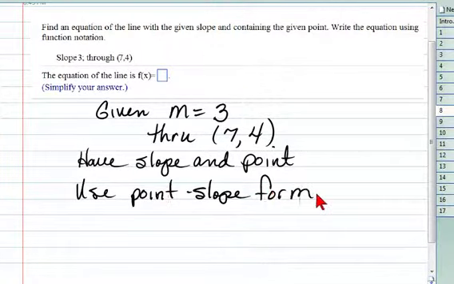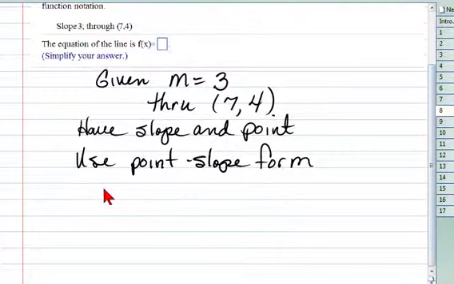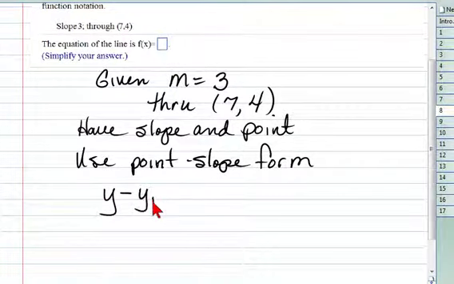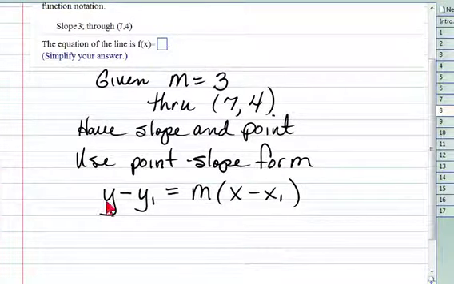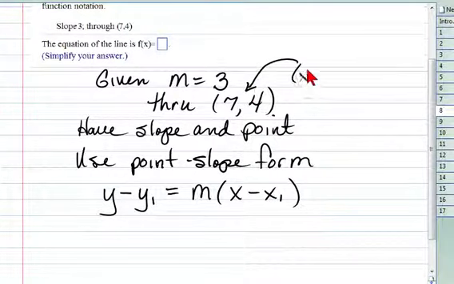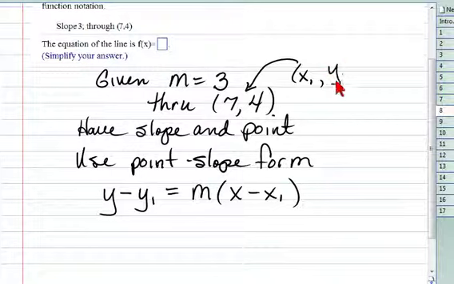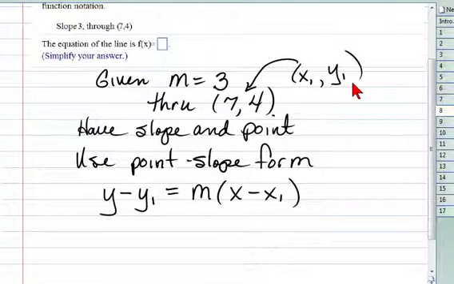Now, we've not used it before, and it is written y minus y with a little subscript 1 is equal to m times x minus x1. There are 2 points listed here. One of them is just a plain old xy, and the other one is an x1, y1. The point that you're given is always treated as x1, y1. The other x and y just remain in the equation.